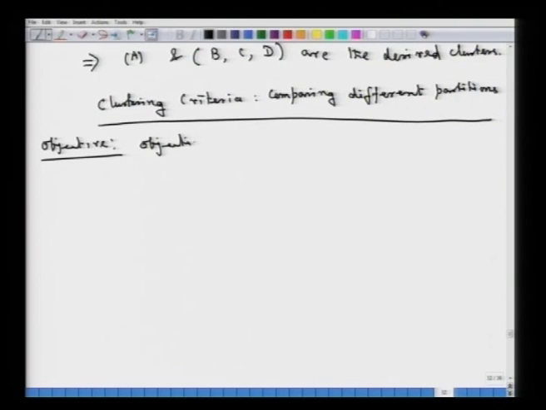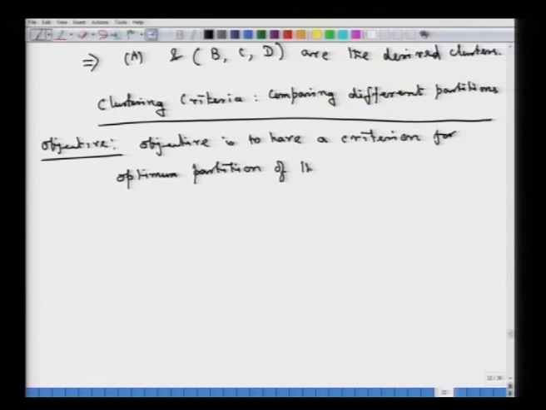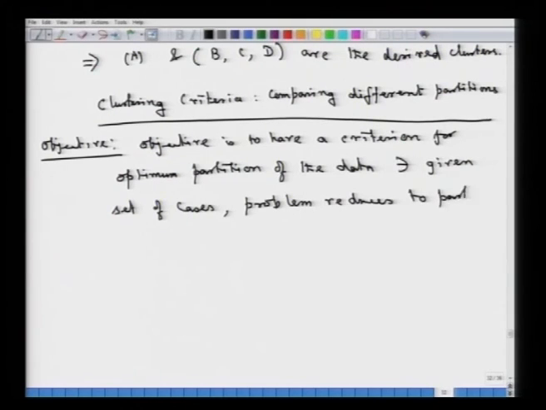The objective is to have a criterion for optimum partition of the data, such that given a set of cases which are going to be clustered, the problem reduces to partition the data into G clusters.